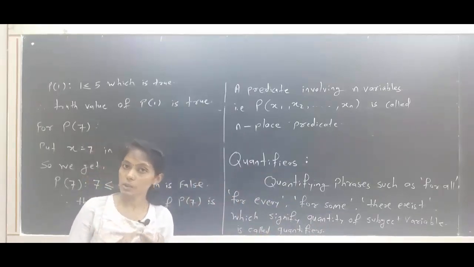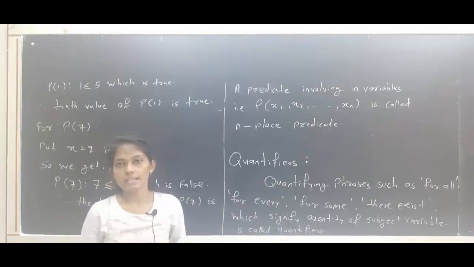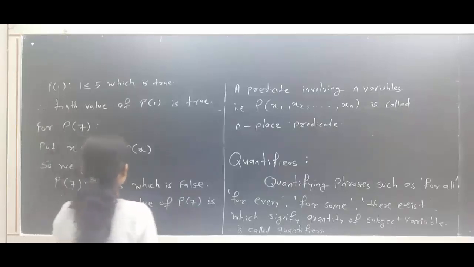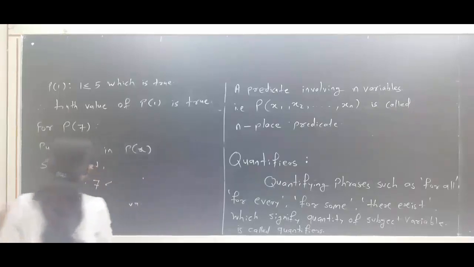Now there are two types of quantifiers. First, the universal quantifier, and second, the existential quantifier. Now we see the definition of the universal and existential quantifier.